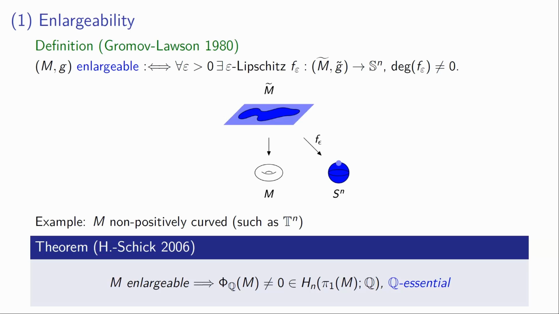So we call such manifolds Q-essential. The fundamental class survives in the group homology of the fundamental group of the given manifold. And how is that proven? I can give you a proof of this fact rather quickly, since we have to think about what this actually means.